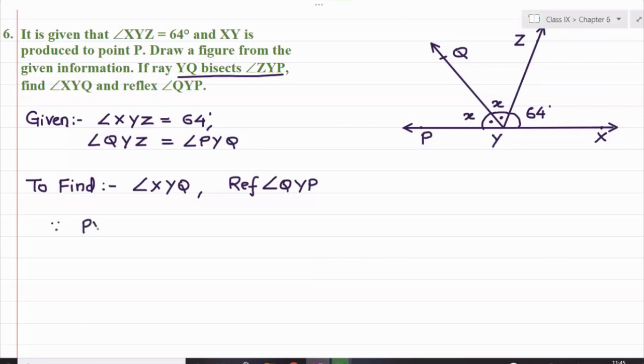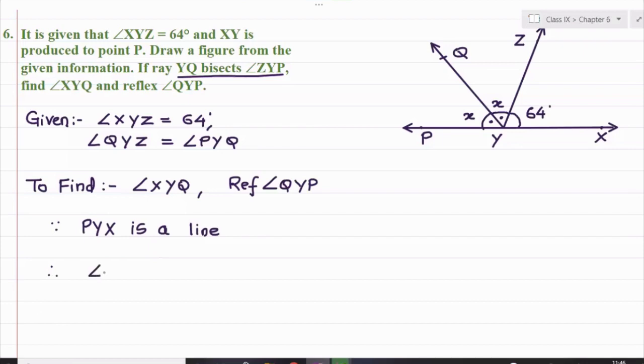So here we can write down, since PYX is a line. How can we say that it is a line? Because it is already given that XY is a line and they are producing it up to the point P. So PYX becomes a line. So I can say that the angles forming on this line will form the linear pair. Who are those angles?